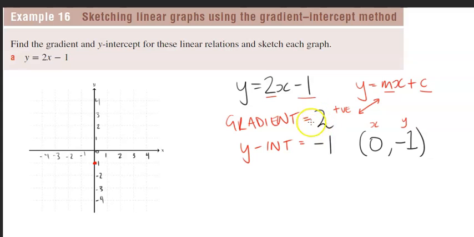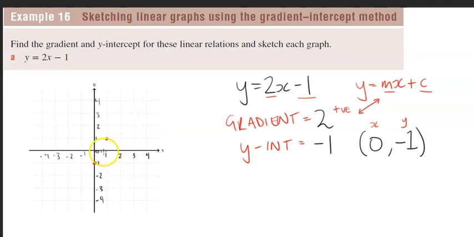But the fact that I know that the gradient is equal to 2 means that I can find the next point from this point here. So for every 1 I go across, which is there, I go 2 up, which is here. So 1, 1 lies within that line for this equation here.